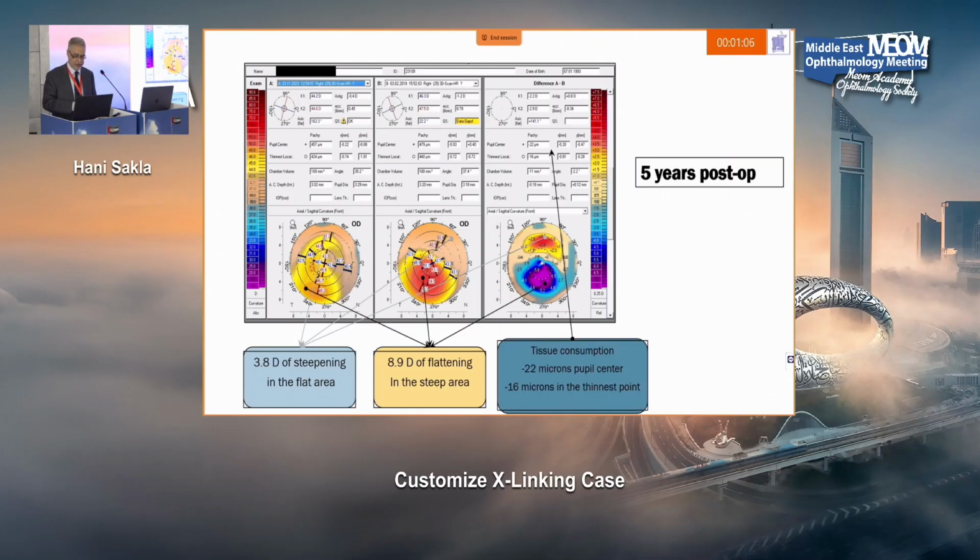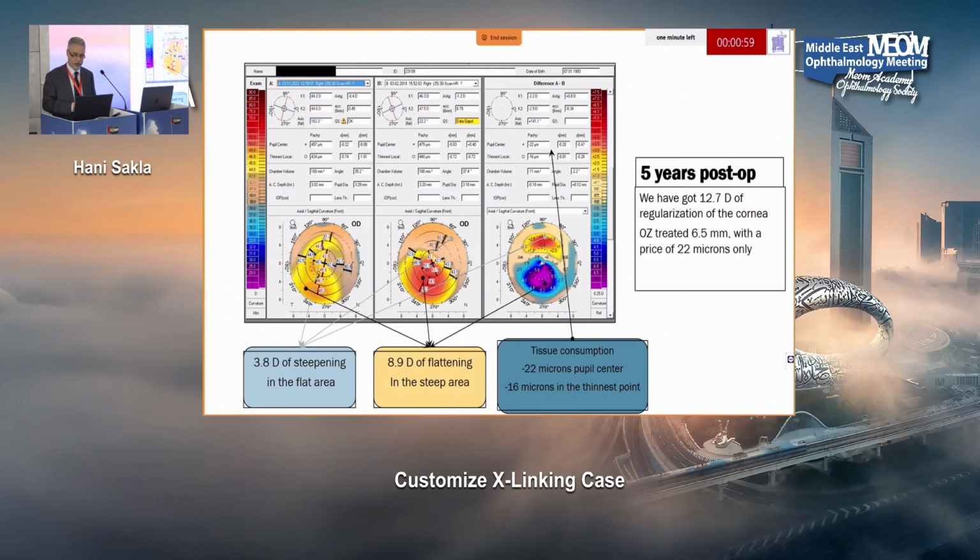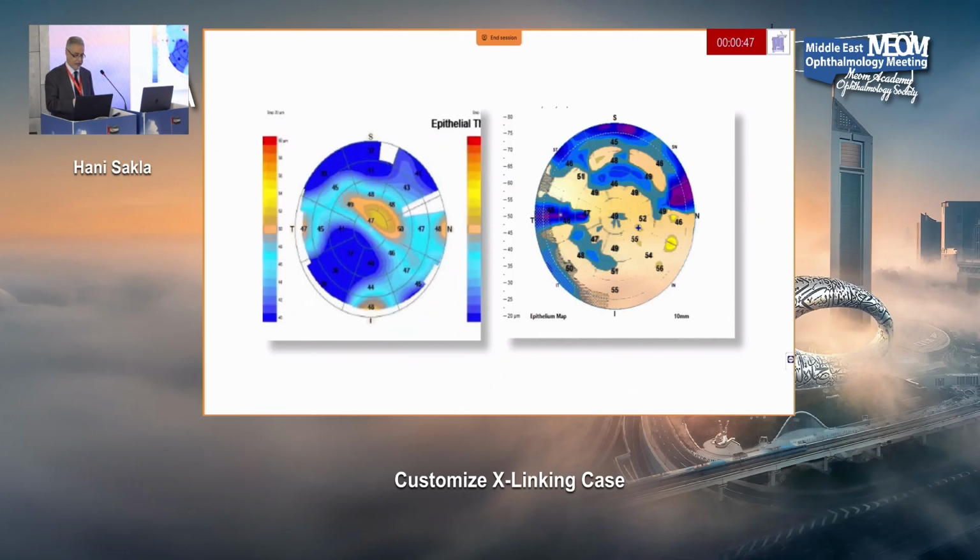This gives us a total of almost 13 diopters of regularization of the cornea using an optical zone of 6.5, only by removing 22 microns from the center stroma when we compare the epithelial maps before and after.